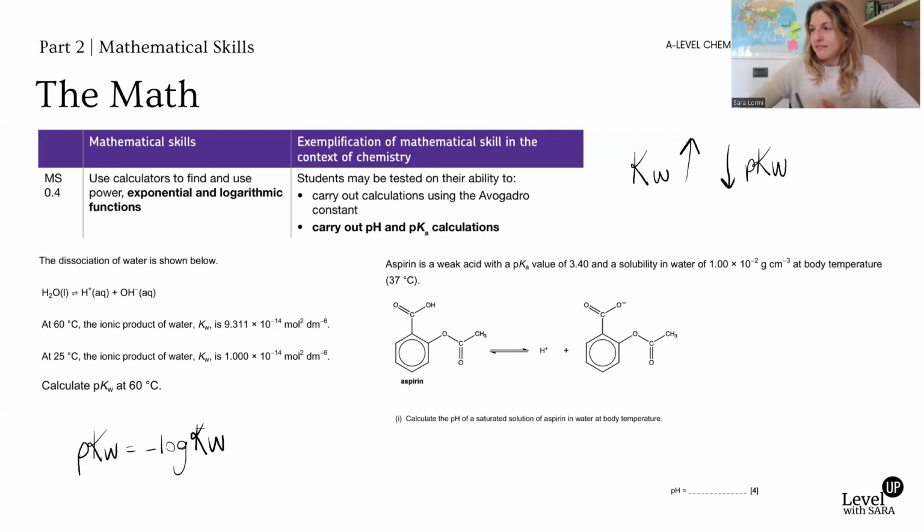This is one of the relationships to know, but also when you want to find the value of Kw and you're given the pKw, to revert the logarithm is 10 to the power of minus your pKw or your p-value.